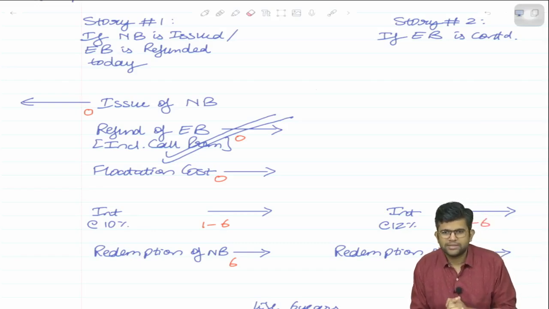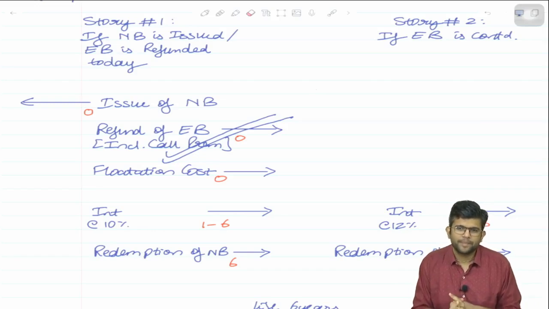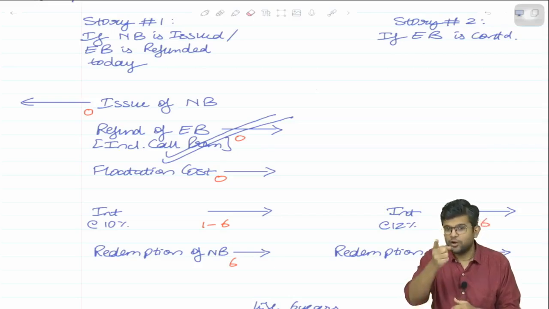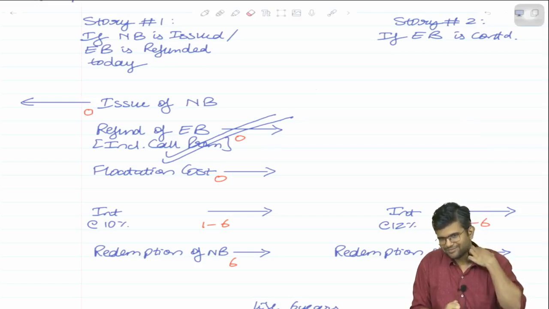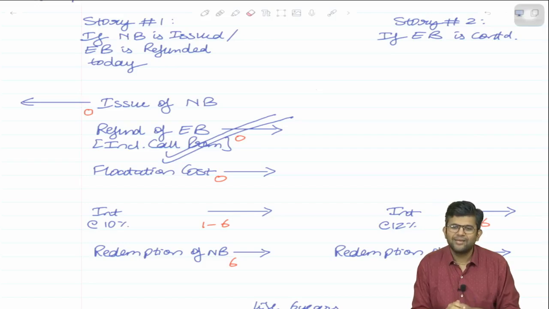Today or amortize? Everyone please participate. Today or amortized? Adarsh, can you give me the logic of why you wrote this? Or you just wrote? Because apart from you, everyone else is saying amortize.